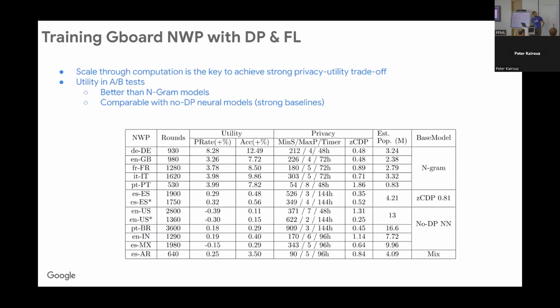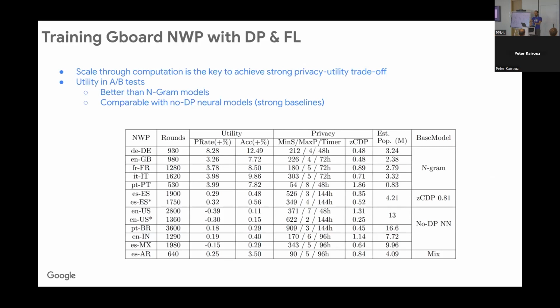But what I wanted to show you on the slide is that it took a lot of effort for us to actually train all these models. As you can imagine, Gboard has users with very different preferences and languages. So there's German and French and Italian and Spanish and English and all those languages. And the populations across these languages vary.